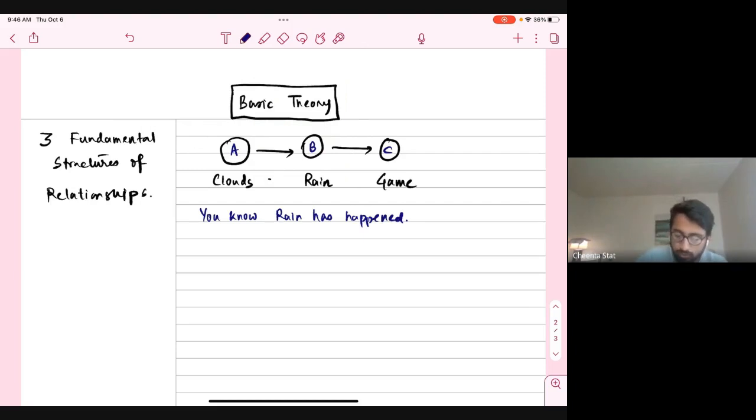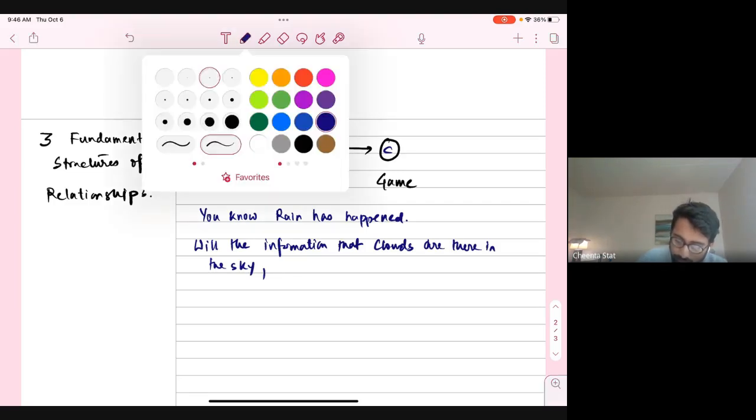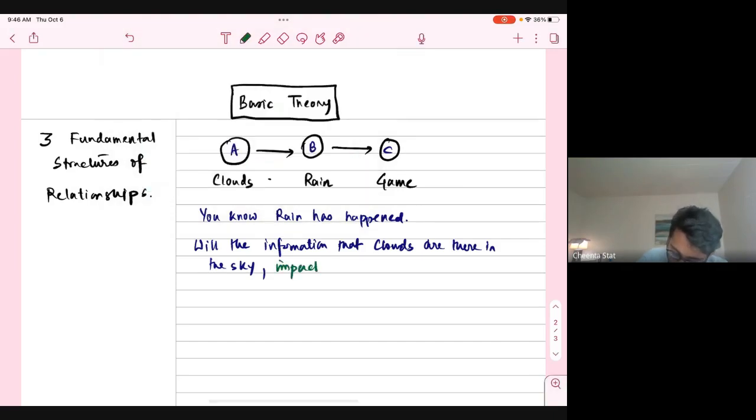Now the question is, will the information that clouds are there in the sky, while rain is falling, impact the game?